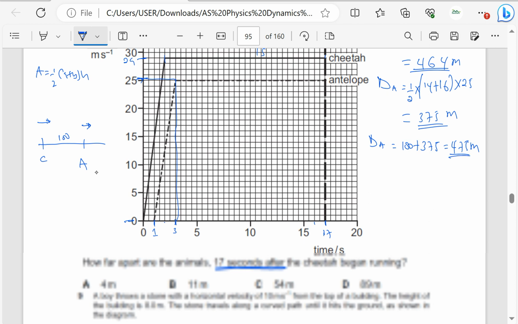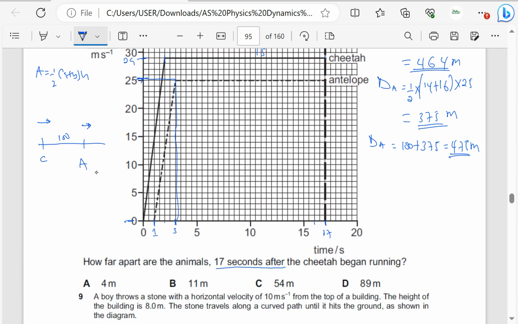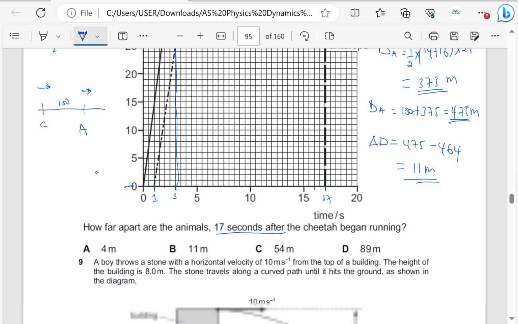The difference in distance is 475 minus 464, which is simply 11 meters. So the distance apart is 11 meters. So the answer is B.